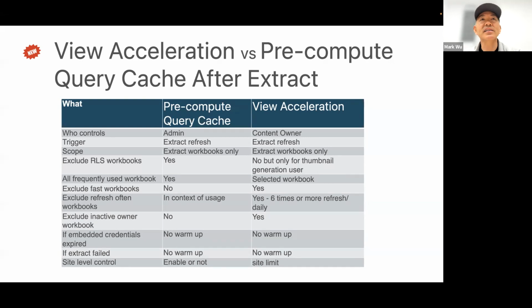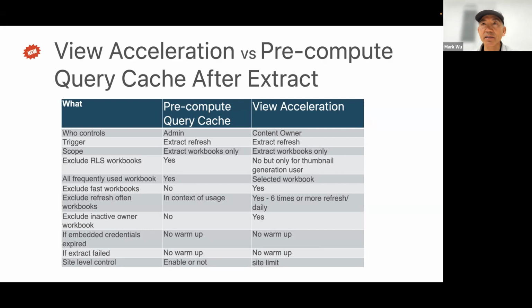What settings can the server-side admin do? For the pre-compute, you do have the option at the site level, even at the server level, to enable it or not. For the new view acceleration, as a site admin, we have 2 settings.